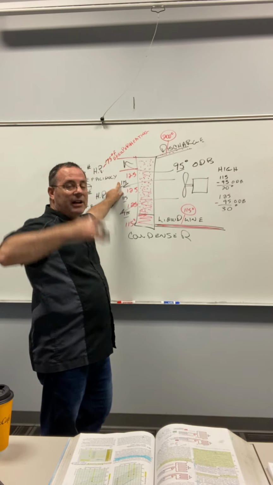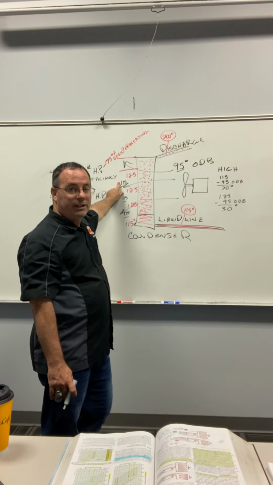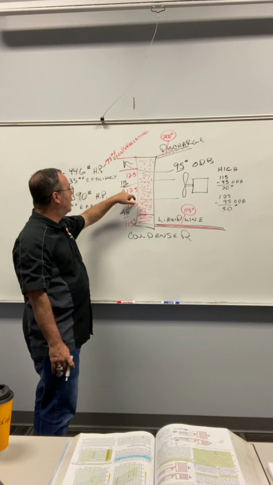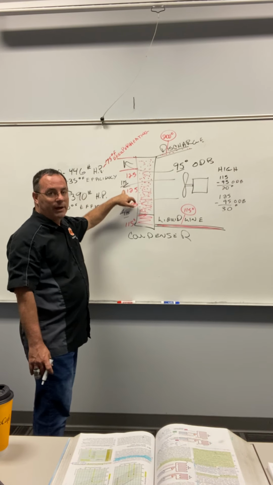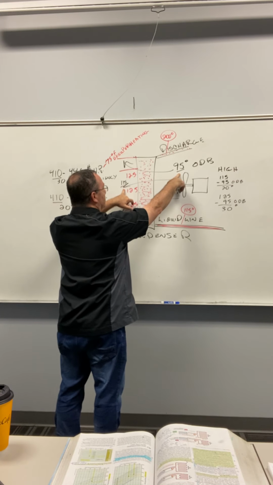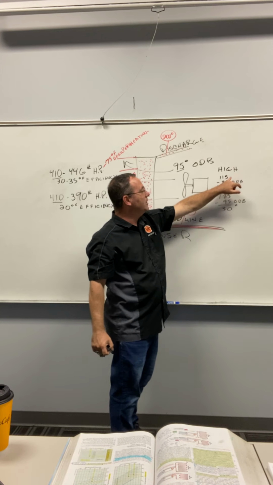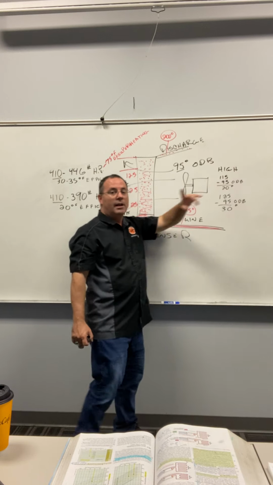Let's increase the size of the condenser coil. Okay, that would lower the condensing. There's different ways to do it. That's for another unit. But right now, let's say we lower that. So the difference between this and this goes down. 20 degrees. The outdoor temperature minus the condensing temperature is 20-degree difference.